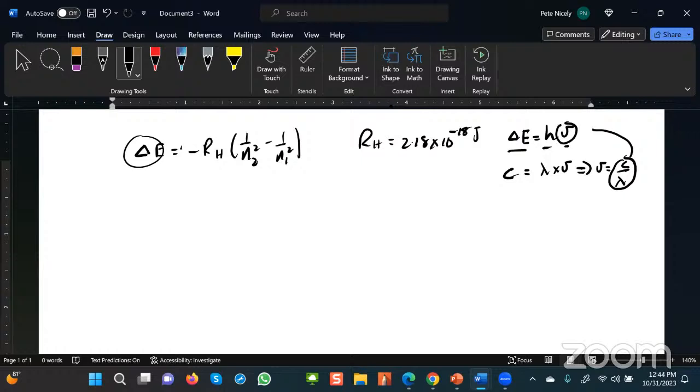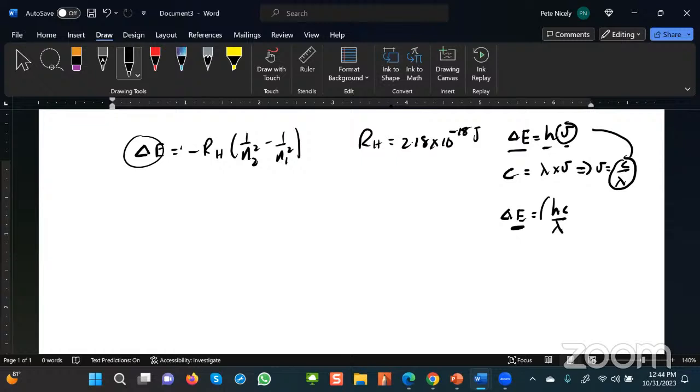So the result is that delta E is equal to hc over lambda. That's the relationship between the energy difference between the orbits where the electron is making the transition from one to the other, and the wavelength of the radiation which is either absorbed or released.